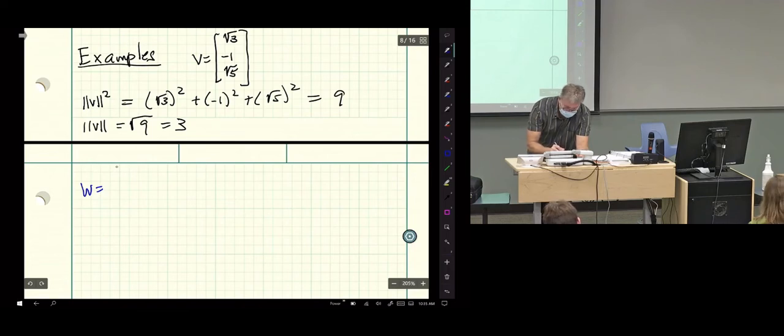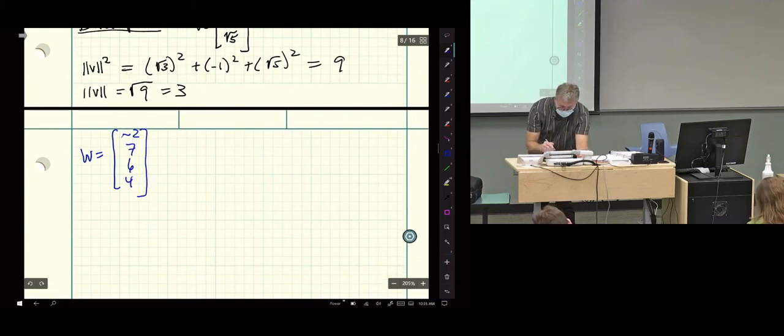Do one more. Minus 2, 7, 6, 4. The norm of w squared would be minus 2 squared plus 7 squared plus 6 squared plus 4 squared.